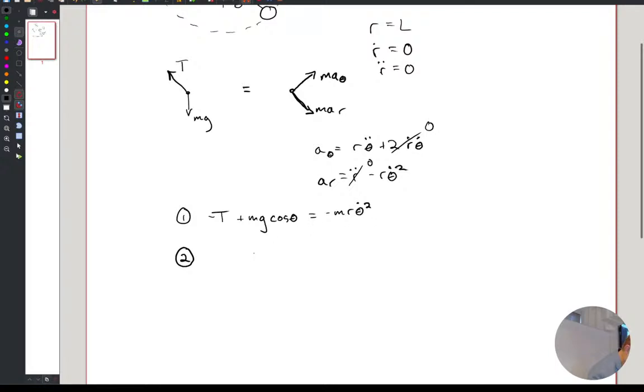And then the second one is that negative mg sine theta is m r theta double dot. And that's my main equation of motion, that theta double dot is negative g over r, where r is L, times that sine theta.